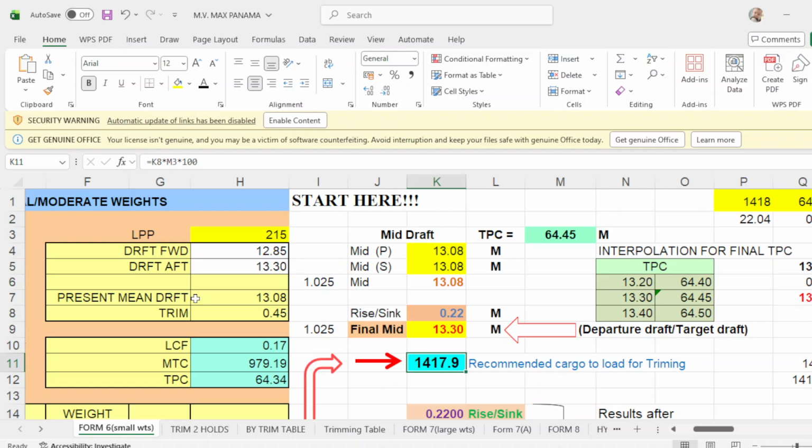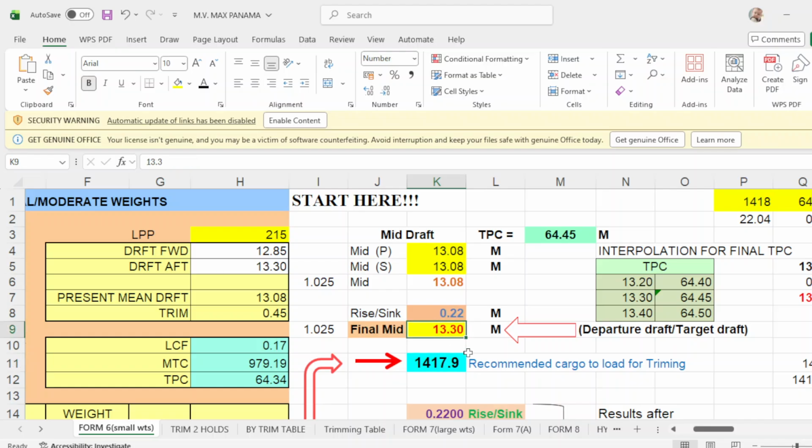So the chief officer and the draft surveyor make a reading around the vessel, and they both agree that forward draft was 12.85 and aft draft is 13.30, which is the summer draft, and their actual mid port is 13.08 and the mid starboard is 13.08 and the mean draft is 13.08 and the trim is 0.45.